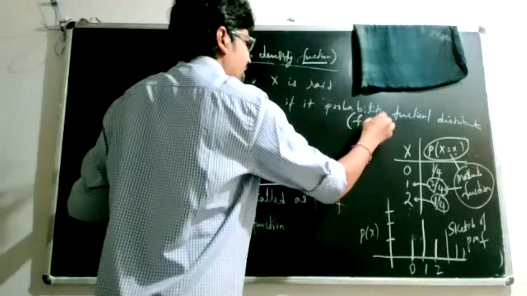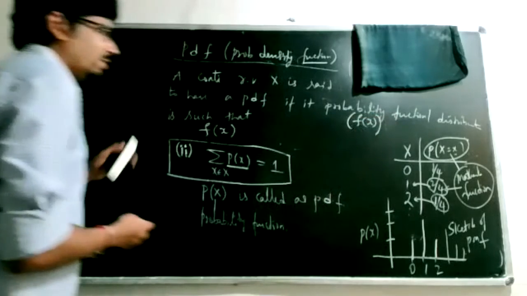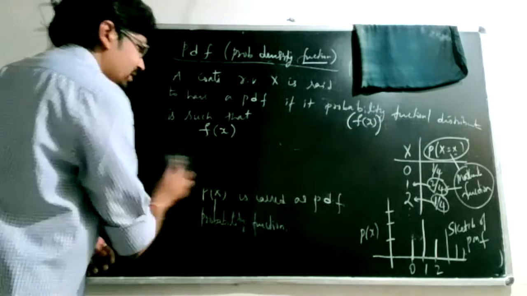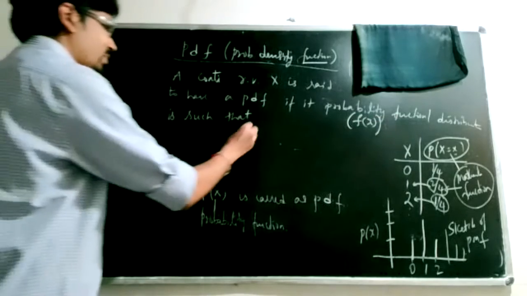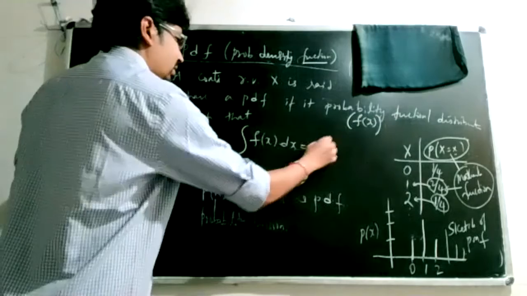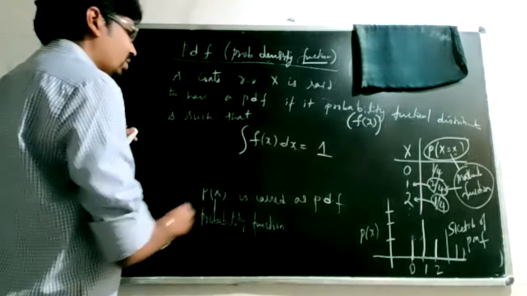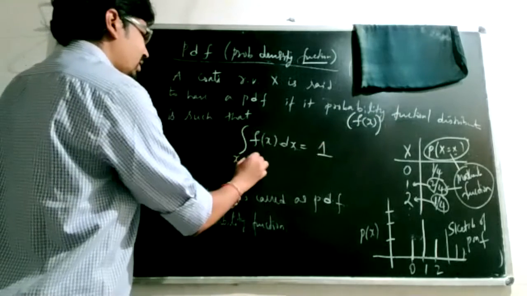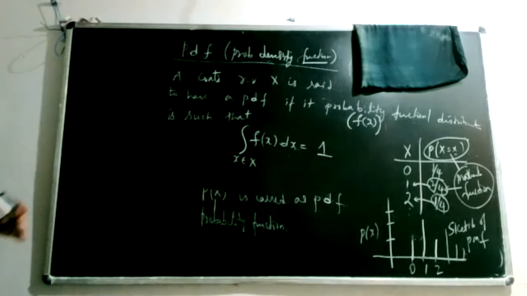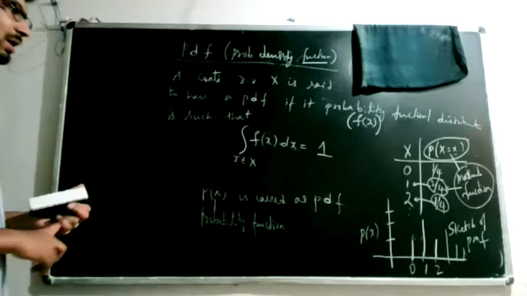Now we indicate the probability function by f of x. You can still use p of x, but the definition becomes very different. So here we are talking about area, and when we talk about area for a function, the areas are obtained by the technique of integration.